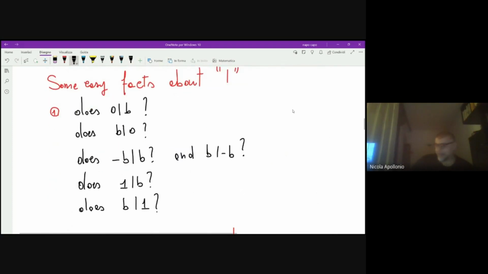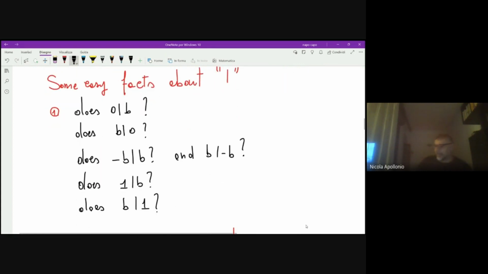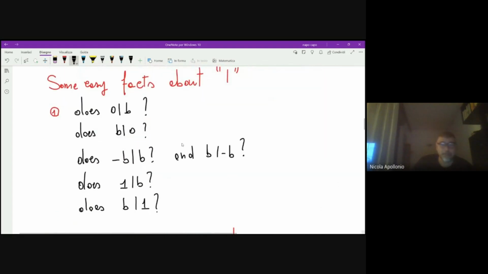For instance, let us put some very, very easy questions. The first question is, yes, we have a definition. Let us check how it works in special cases like the ones that I listed here.